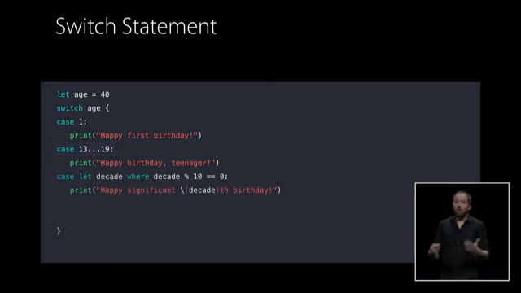And we can match more complex patterns, such as this one, which says that a temporary constant called decade equal the value that we're currently matching, check if it will divide cleanly by 10, and if so, use it to print a special birthday message for anyone who's just turned 30 or 40 or some other significant age.